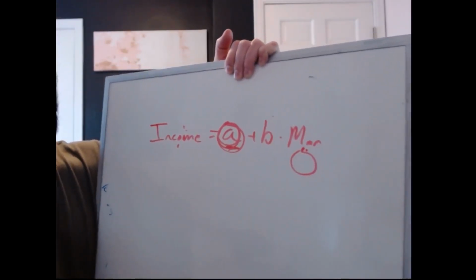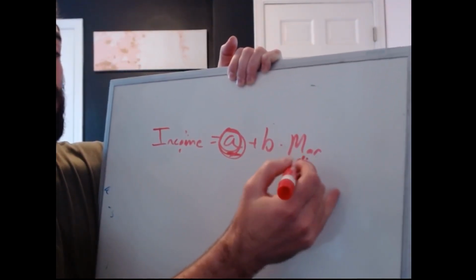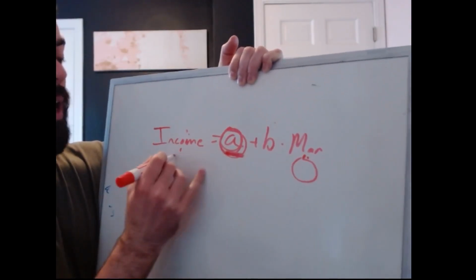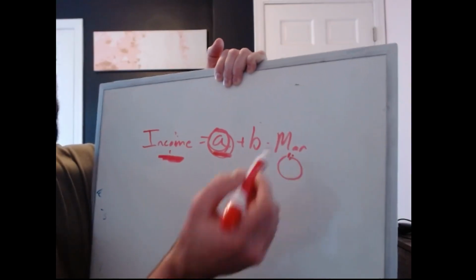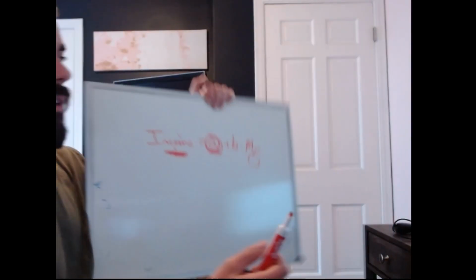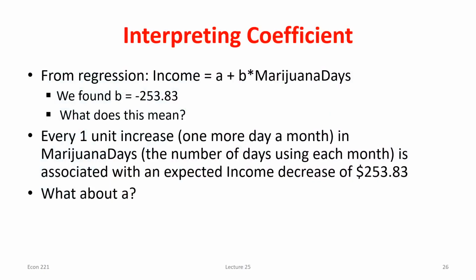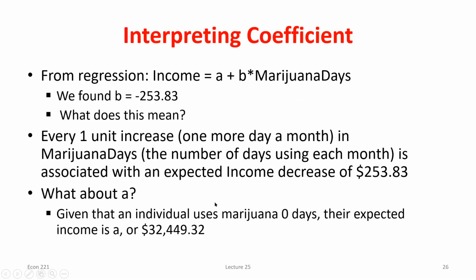So if the x variable is equal to 0, A is the expected or predicted value for my y variable. Here, if I smoke marijuana 0 days a month, I can expect that my income is whatever A is, and if we go back, that value was what, 32,000? So if someone smokes 0 days a month, you can expect that their income is $32,000.